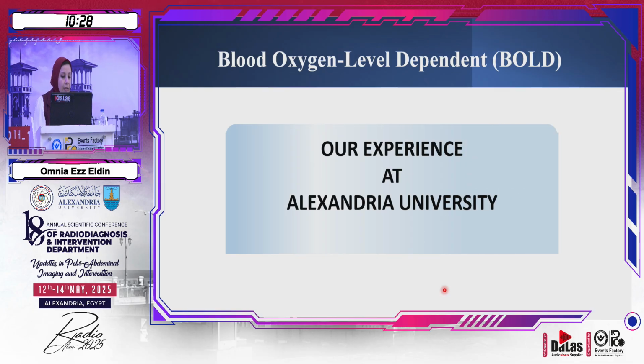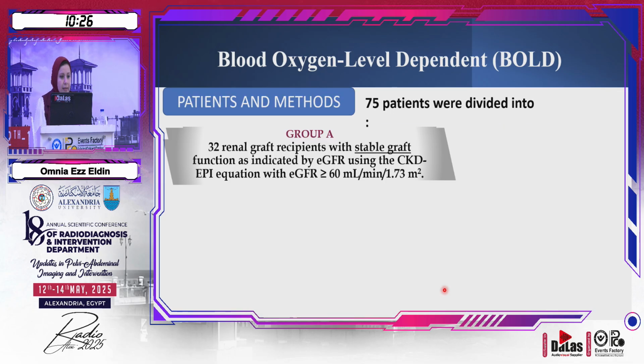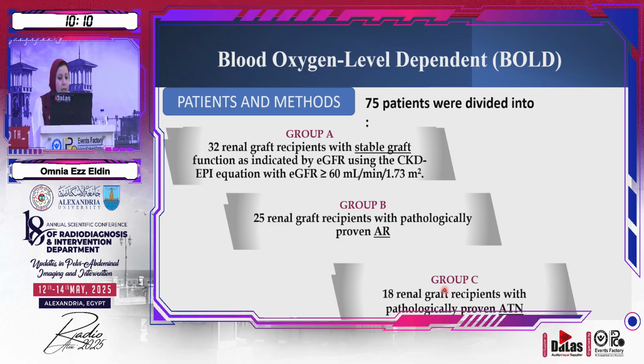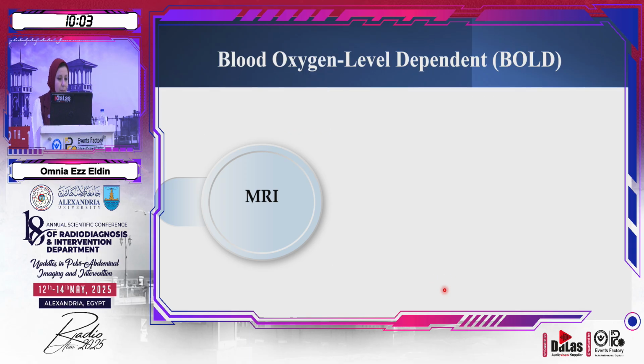In our experience at Alexandria University, we had a study that included 75 patients divided into 3 groups. Group A, 32 grafts with stable function; Group B, 25 grafts with pathologically proven acute rejection; and Group C, 18 graft recipients with pathologically proven ATN.